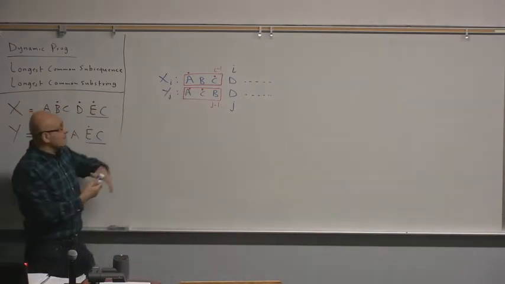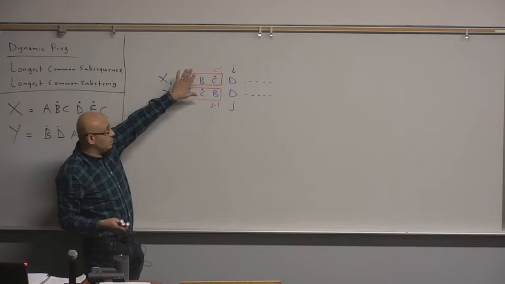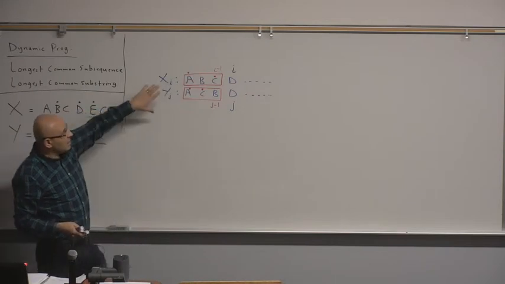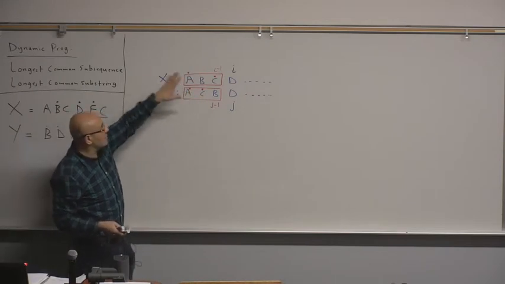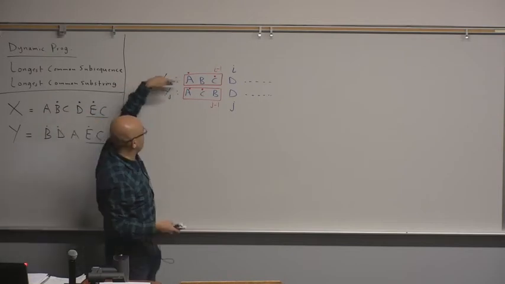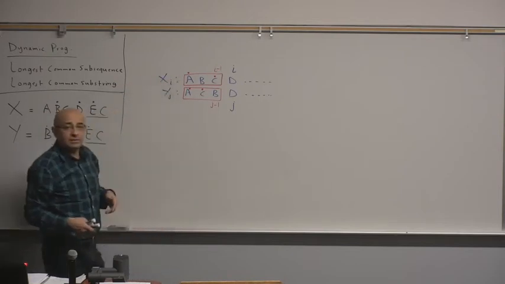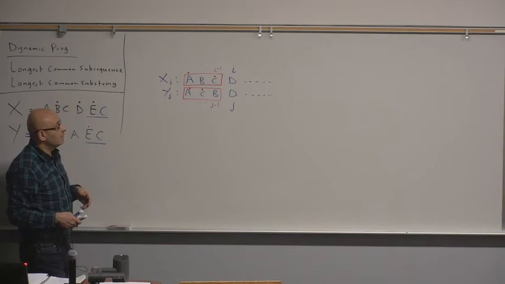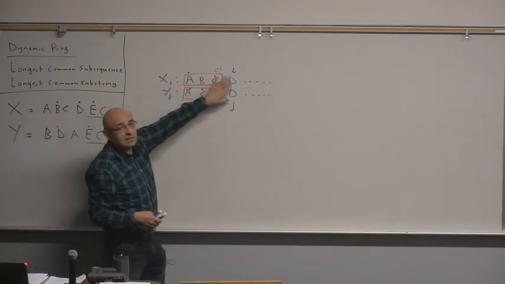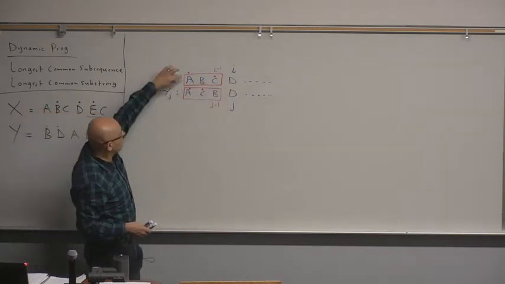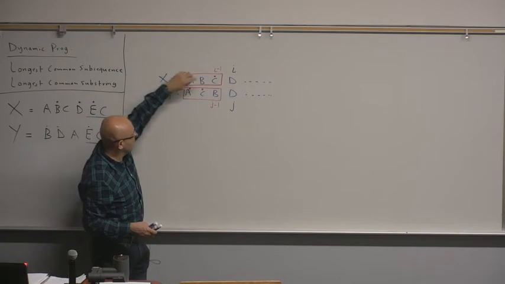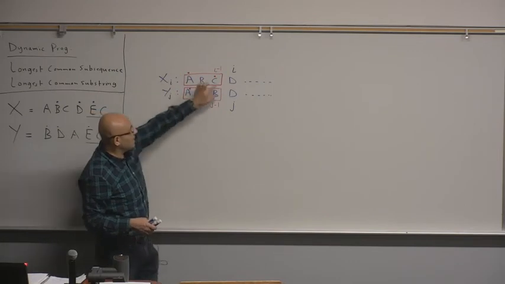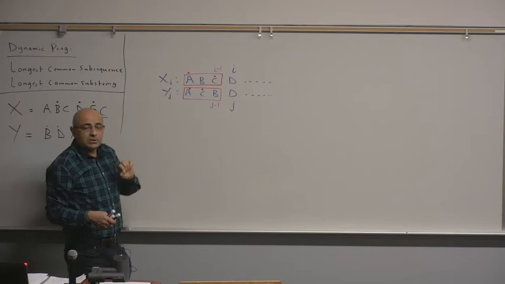Now we assume that this is known. In dynamic programming, we assume that this is known. Given that we know this, what's the longest common subsequence now between X I and Y J? So now we can add D to this. So we have the longest common subsequence AC, and now we can add D. So this is clear.